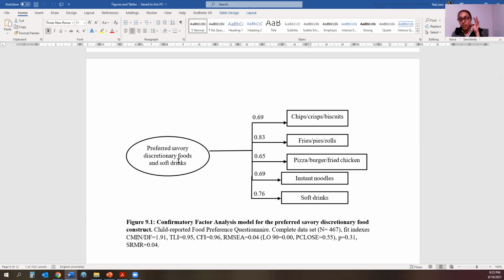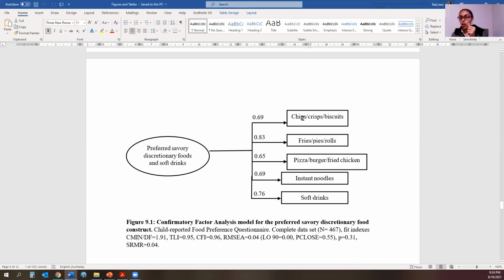So this construct of mine is measuring children's food preferences towards savory discretionary food items. What are discretionary foods? Junk food and soft drink. I want to see if children are liking specific savory tasting junk foods or not. Savory meaning they're not sweet, so I can't have anything over here which is sweet.